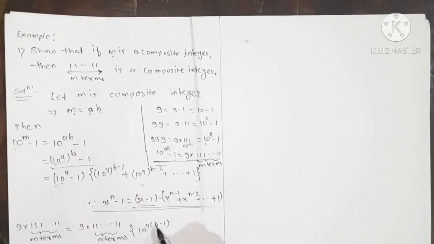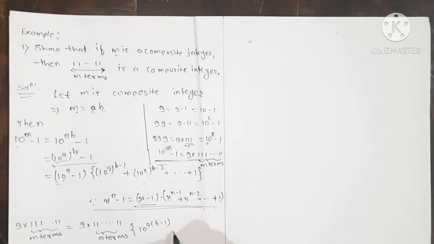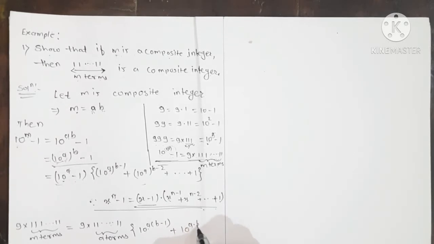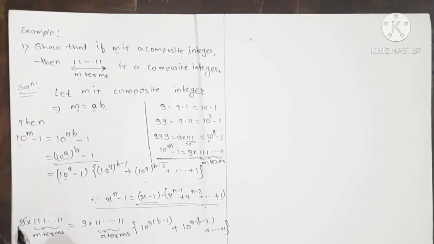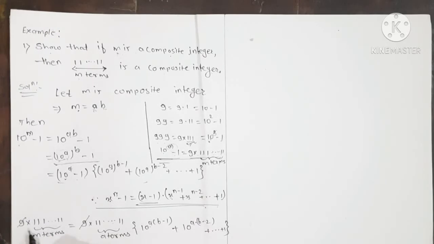So 10 to the power a in bracket b minus 1, plus 10 to the power a into b minus 2, plus and so on plus 1. That is equal to, now this 9 gets cancelled with this 9, and we write this as 111.